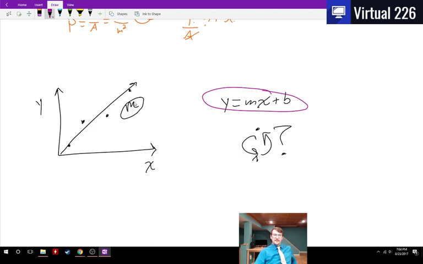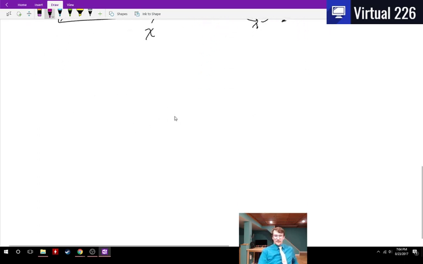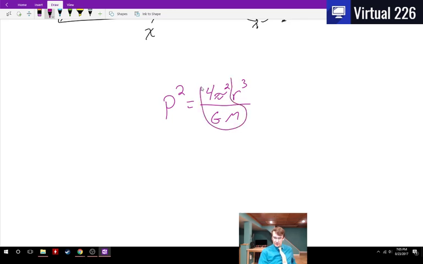If you think back to last year, whenever you did Kepler's law, the equation, the period squared equals 4 pi squared, and I don't know if you used a or r, but we'll just say r cubed divided by GM. Technically speaking, if you're just using p squared as proportional to r cubed and you wanted to plot all of that, you'd see that there's a huge coefficient right here.